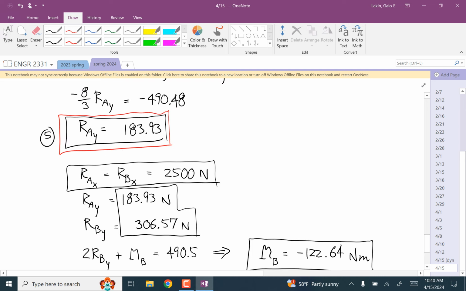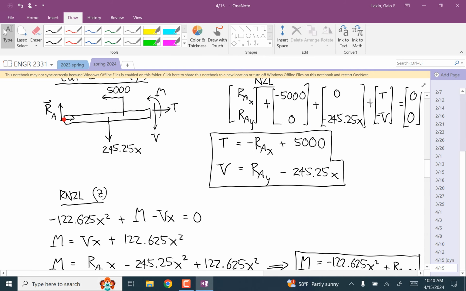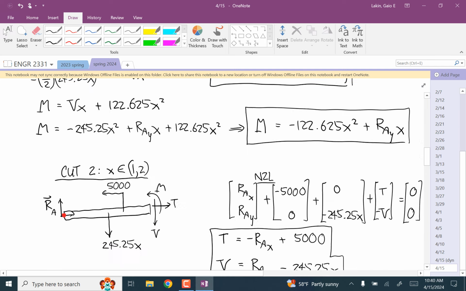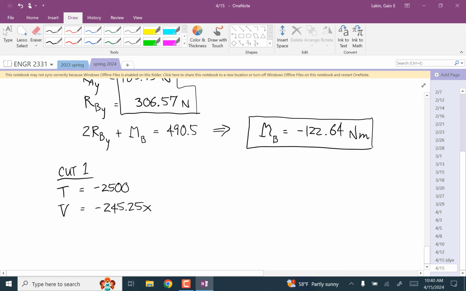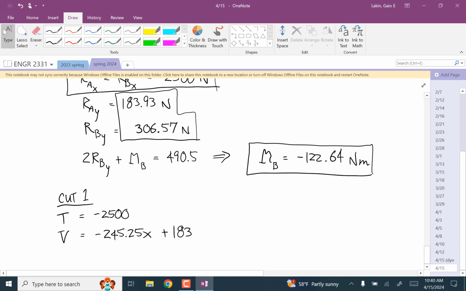Our shear force on cut 1 is negative 245.25x plus RAY, so negative 245.25x plus 183.93.